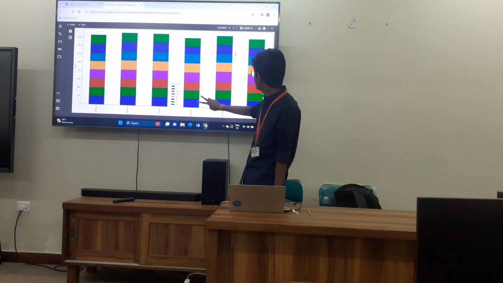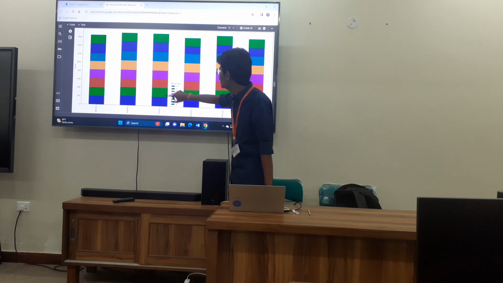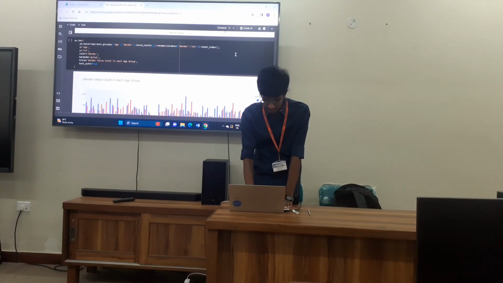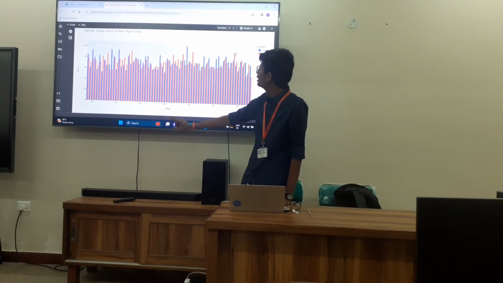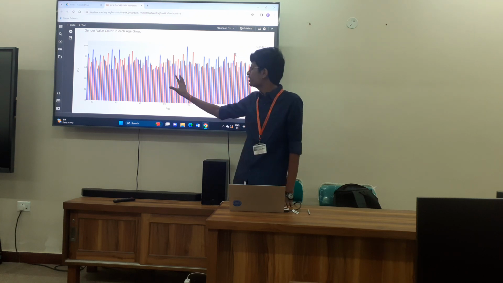Overall, there are around 200 people suffering from each blood group and different conditions. And this is the plot of gender value counts, showing how many people are present in each group.